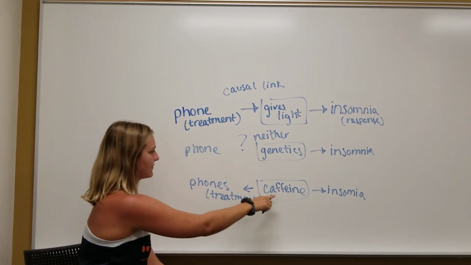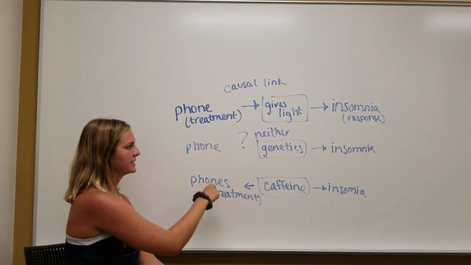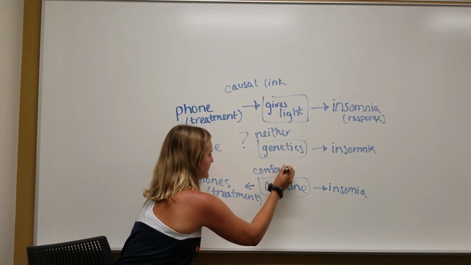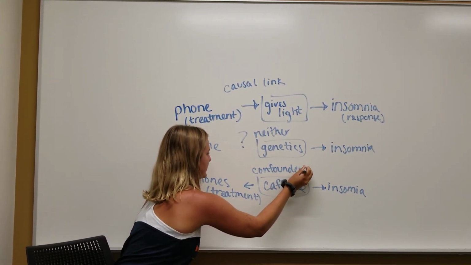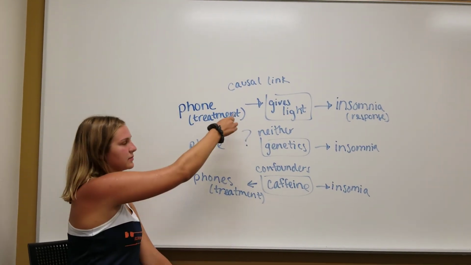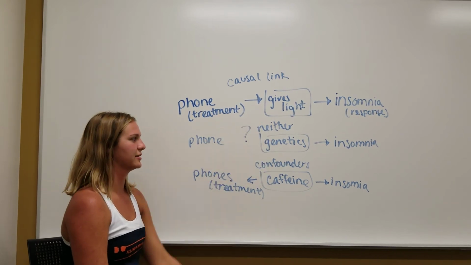Therefore, since caffeine directly relates to insomnia and phones, this would be a confounder, and it only shows that there is a possible association between the phones and insomnia, whereas the causal link shows directly a relationship.